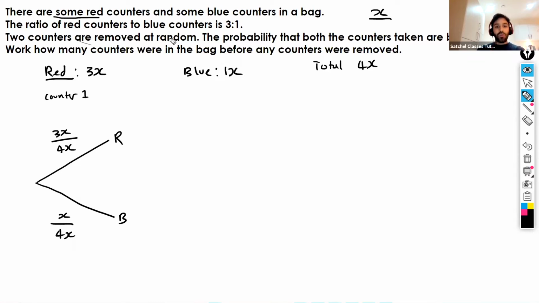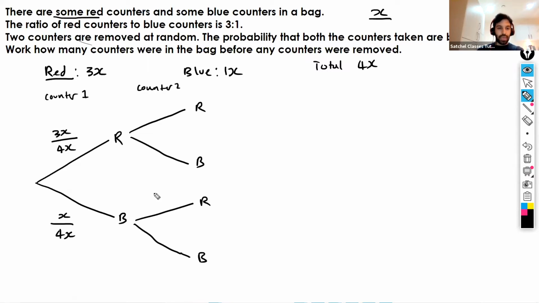Now the counters are removed at random. It doesn't say whether the counters are replaced or not. So the fact that they're removed, it means they're not replaced in this case. So for the second counter, counter 2, again, we can have red or blue, and likewise red or blue down here.